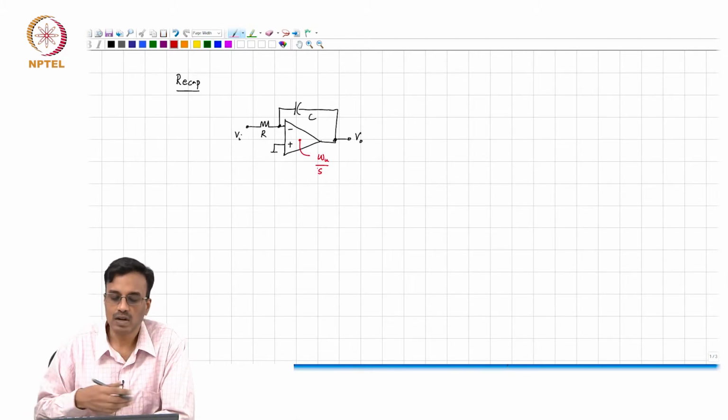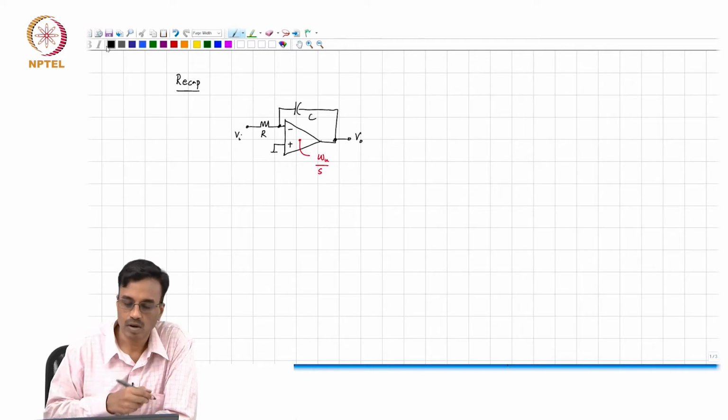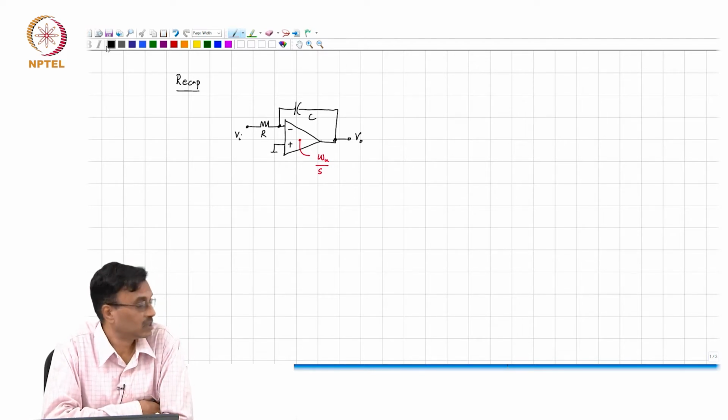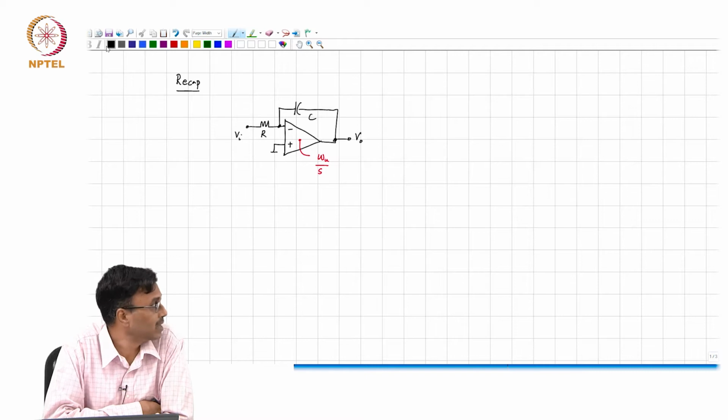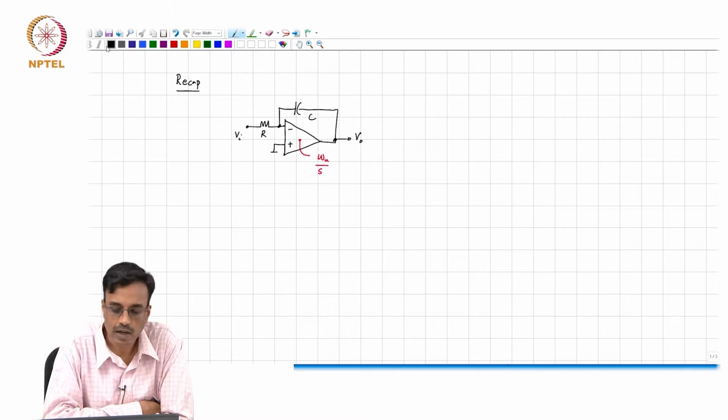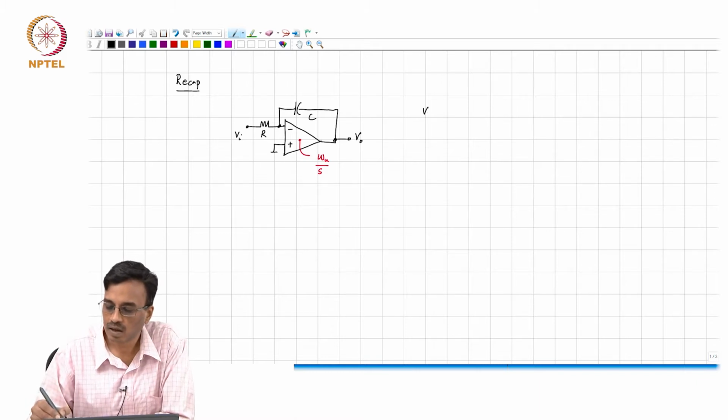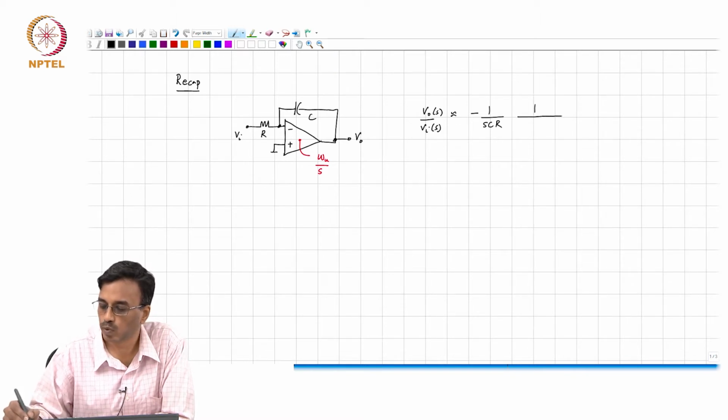and when we analyzed this integrator with the gain of the op-amp being omega u over s rather than simply infinity, the integrator transfer function we got was approximately minus 1 over SCR times 1 over 1 plus S over omega u.